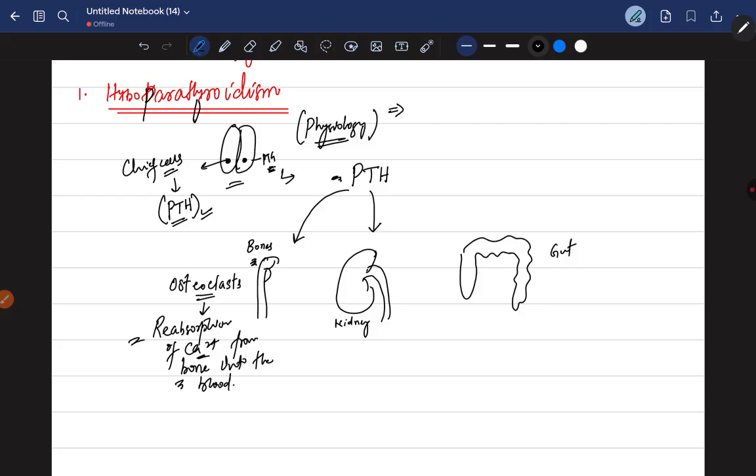Second, what does PTH do in the kidney? PTH has two roles.